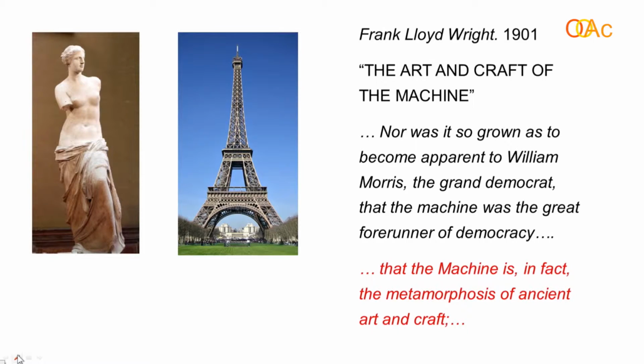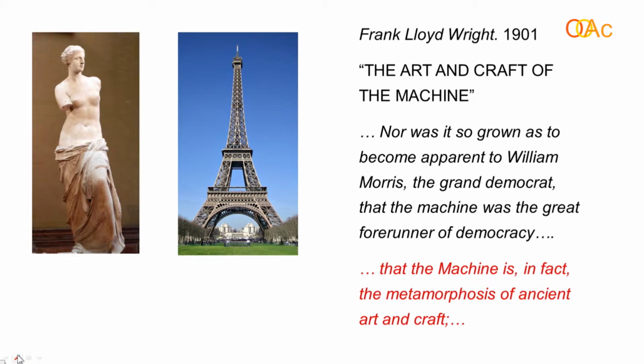But beyond that, Frank Lloyd Wright in 1901 wrote a seminal, very important essay called The Art and Craft of the Machine. And in it he said that William Morris was wonderful, but he got it wrong. And here's what Wright said. If you oppose art to the machine, and the machine means the entire industrial culture, which is going to win?